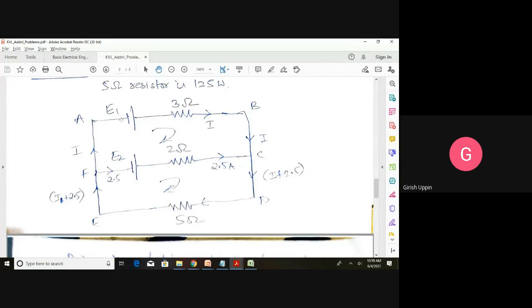What do we get? You start from A, you come across the negative plate, that is minus E1, and this is the direction of current, and the direction of tracing is also the same. So this voltage drop is plus 3I.